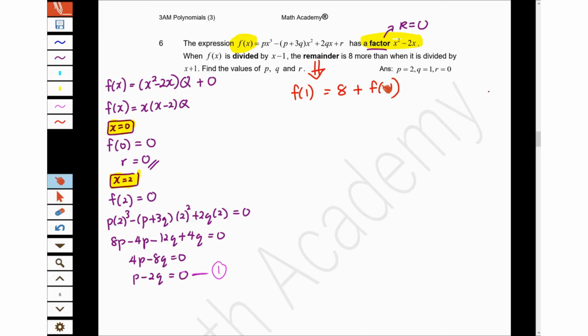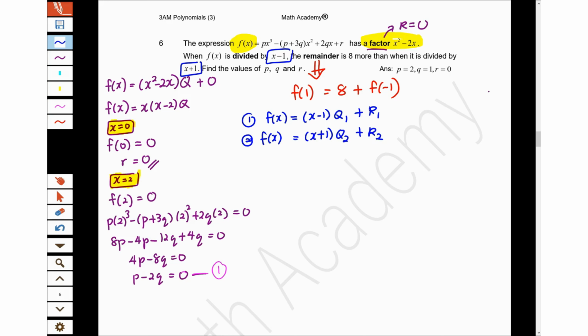If somehow you still can't get the concept, it's okay. I'm going to do the DQR again. Now I have two divisors here, so that corresponds to two equations. The first equation: f(x) equals divisor times quotient plus remainder. The second equation: f(x) equals divisor times quotient plus remainder.